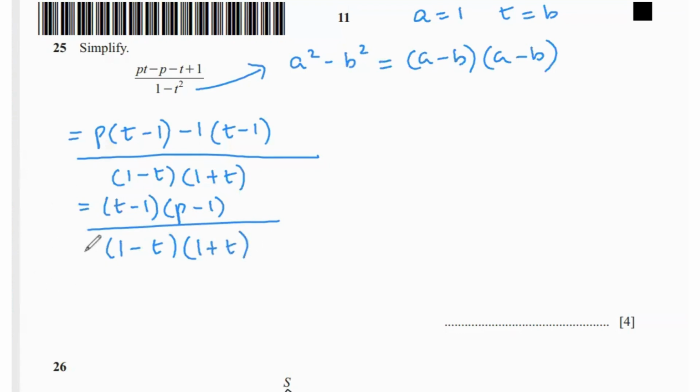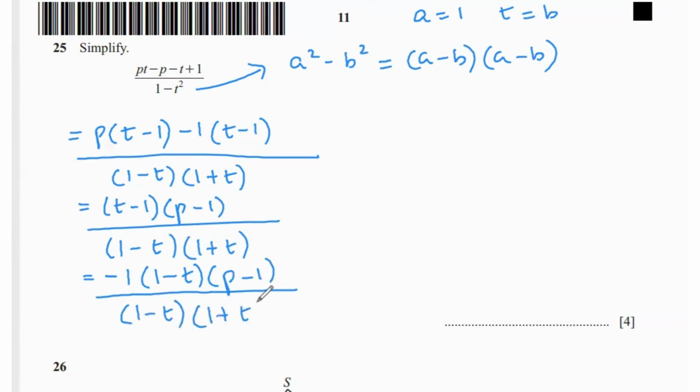Now what we can do is take a negative sign common in the numerator from t minus 1. When you take that negative sign common, that becomes negative 1 times (1 minus t) times (p minus 1) over (1 minus t) times (1 plus t).